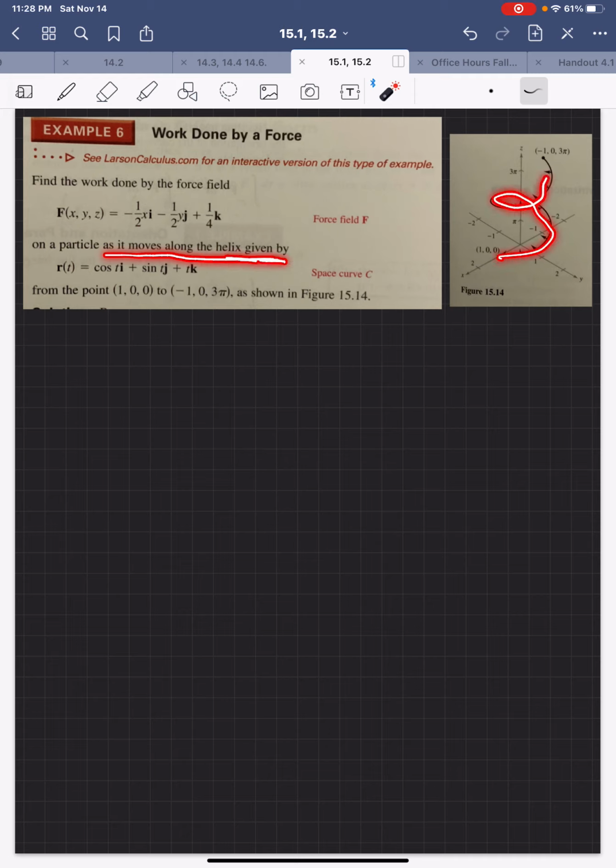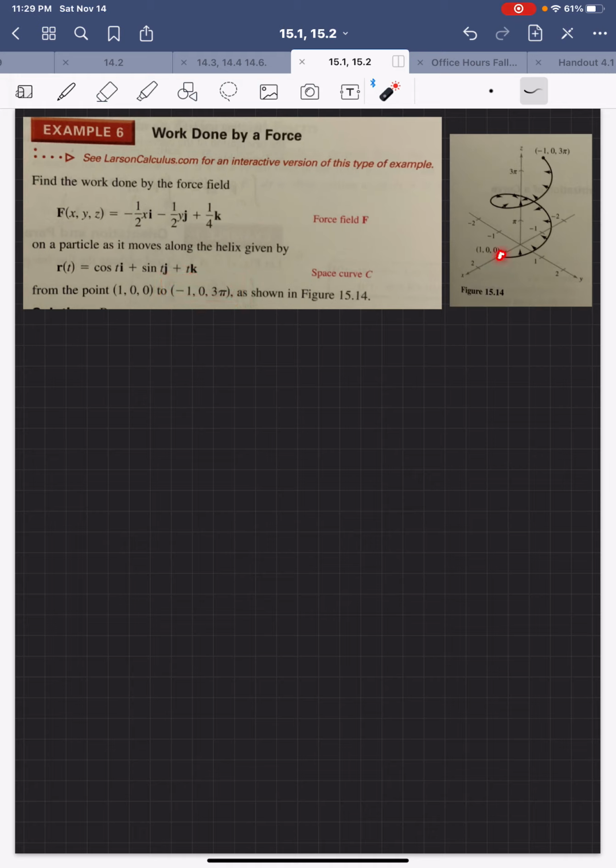So this is the path of the particle, and the path is given to us. Since we're going to be accumulating work to find the total amount of work along that path, we do need a starting point and a stopping point: from the point 1, 0, 0 to the point -1, 0, 3 pi.